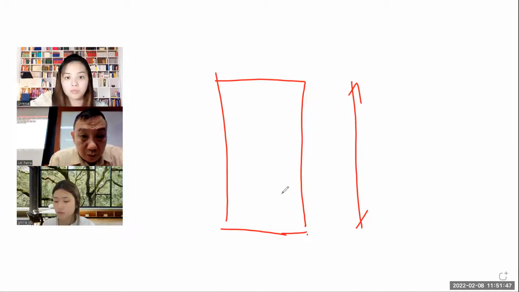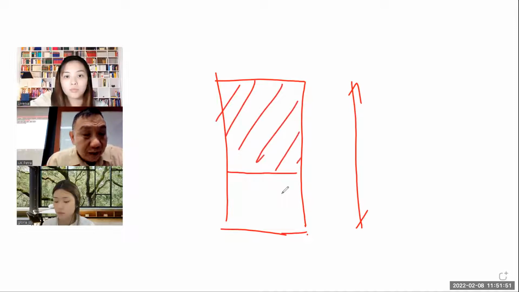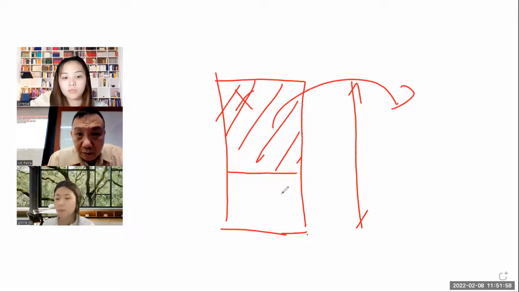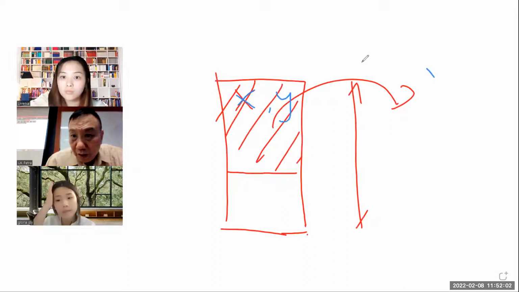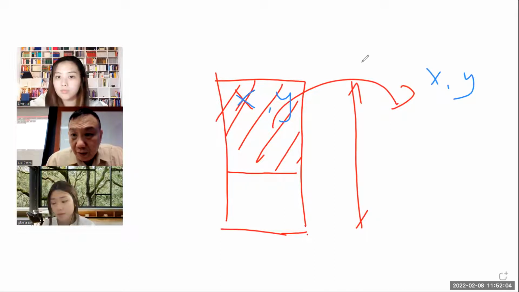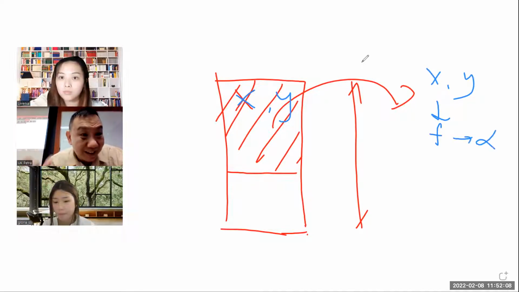For example, you just use half. This part of the data, you put it into the model. So this is your X and Y. You put your X and Y into the F, you get the alpha, isn't it? That is called calibration.